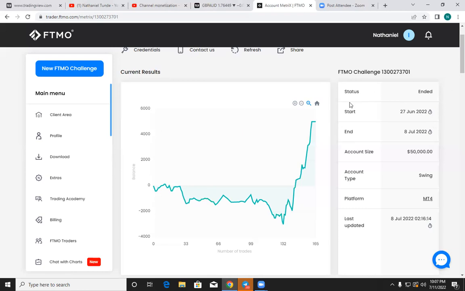So I told one of my mentees that it takes me an average of 8 to 10 trading days to pass any challenge, whether FTMO, whether Myforexfund, whatever. It takes me an average of 8 to 10 days. And I told him before I bought this 50K challenge account on the 27th June.